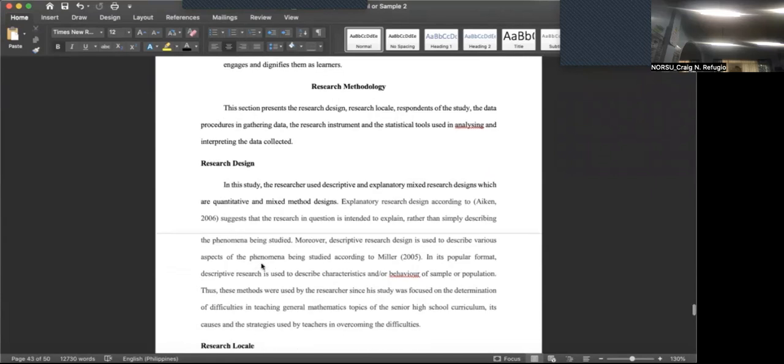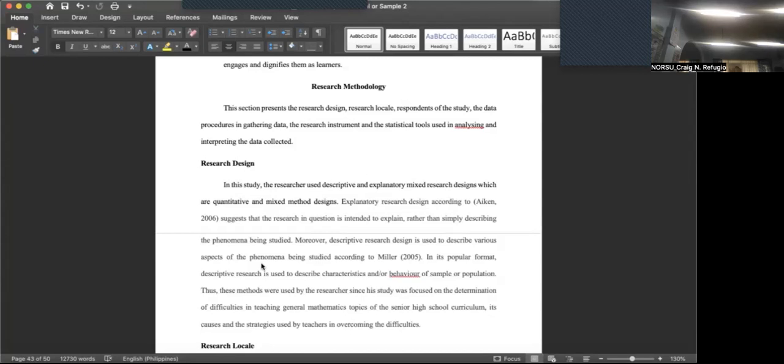I mentioned in here, in this study, the researcher used descriptive and explanatory mixed research design, which are quantitative and mixed method designs. Explanatory research design, according to ICANN, suggests that the research in question is intended to explain.